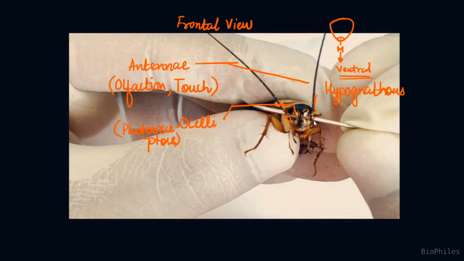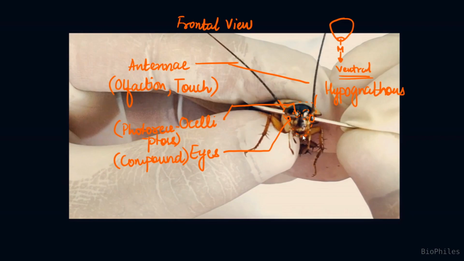And just next to the ocelli, you can see these two black spots. These two black spots are the eyes. And what kind of eyes are present in the cockroach? Compound eyes. And what is the function of the eyes? The eyes are going to help the cockroach to visualize the environment.